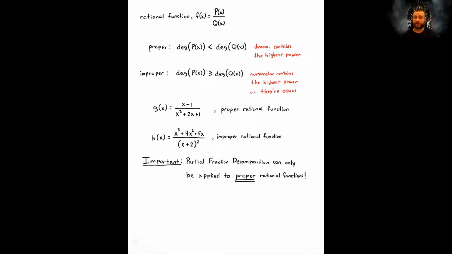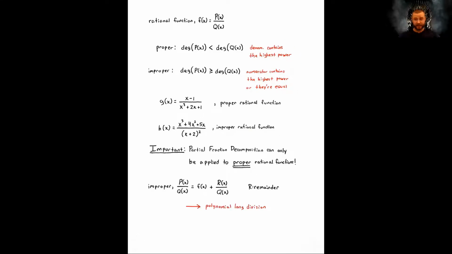So if the rational function is improper, we need to use long division and basically rewrite this in terms of a remainder. So the expression r of x, r is the remainder. And then the remainder has a degree less than what we were dividing by. So there is a necessity for polynomial long division.